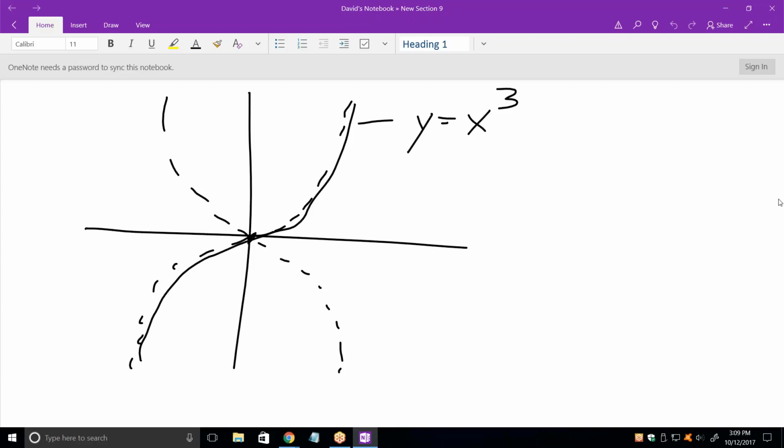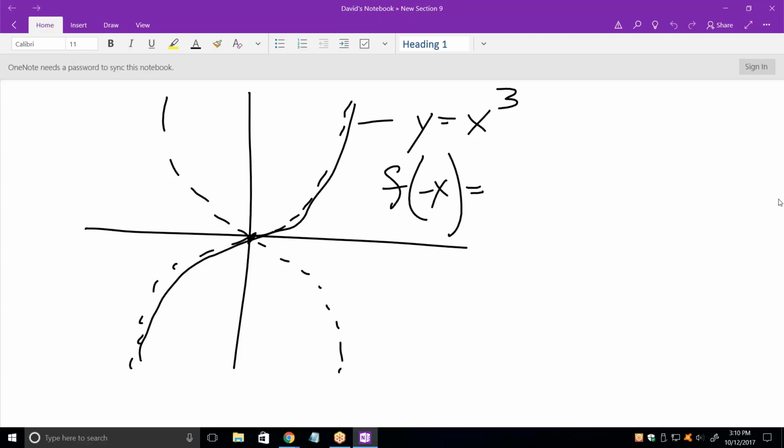Reflections about the origin can be figured out visually, but they can also be figured out algebraically. f of minus x equals, let me think for a moment.